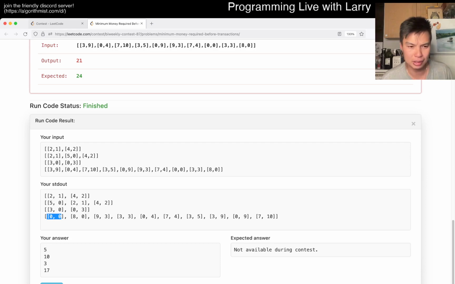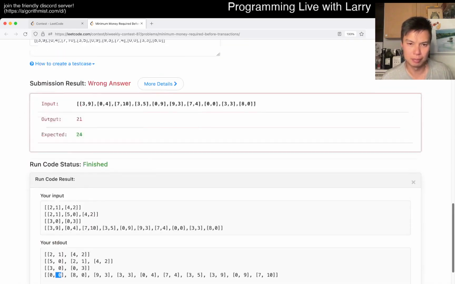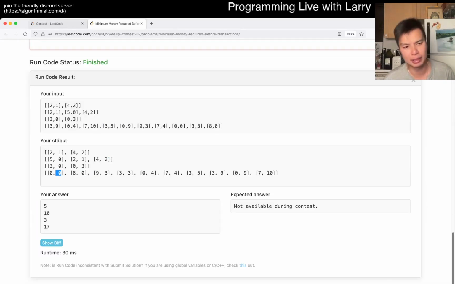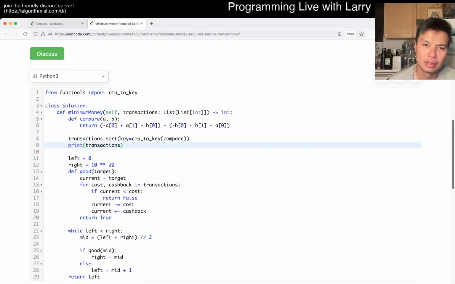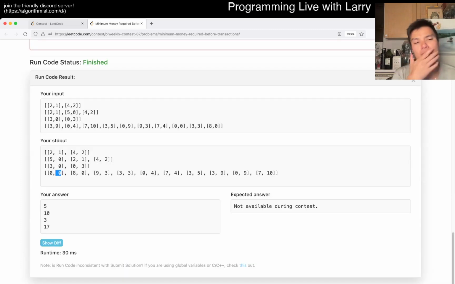But now it just seems like it's sorting by the cash back, which is what I did anyway, except now in a much weirder way. Still maybe the exchange principle, but maybe I wrote it in a weird way.